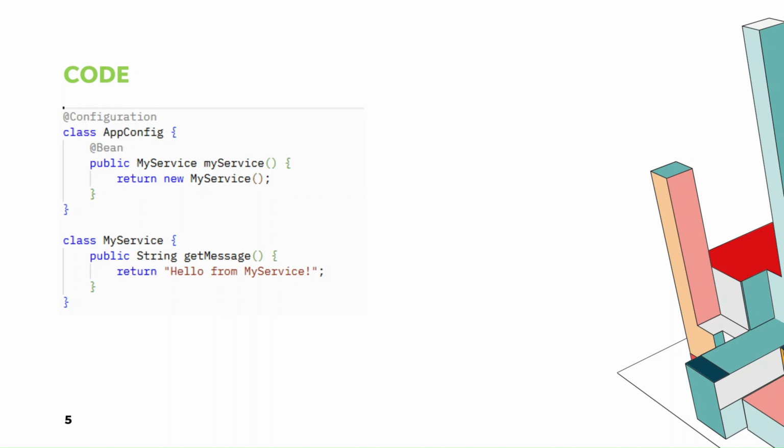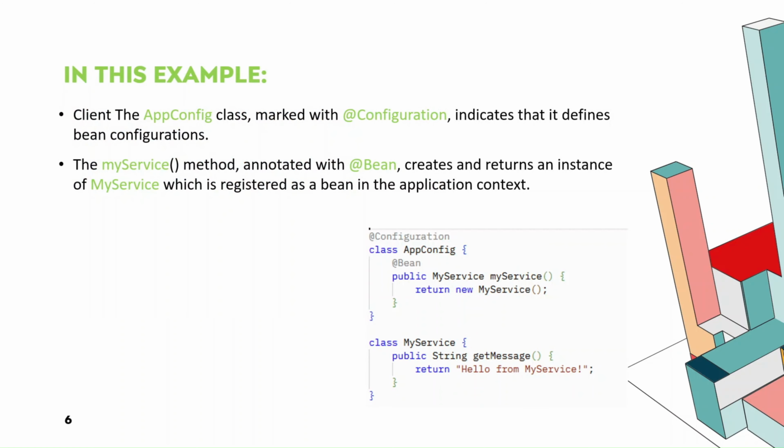In the AppConfig class I have configured the class as @Configuration, and one of the methods I configured as @Bean, which means whenever this class loads, the configuration objects will be created and available in Spring Boot, and a bean will be created for that class. The bean will be created for the class and maintained by Spring Boot. Same thing on this page: AppConfig is a configuration and has a bean.